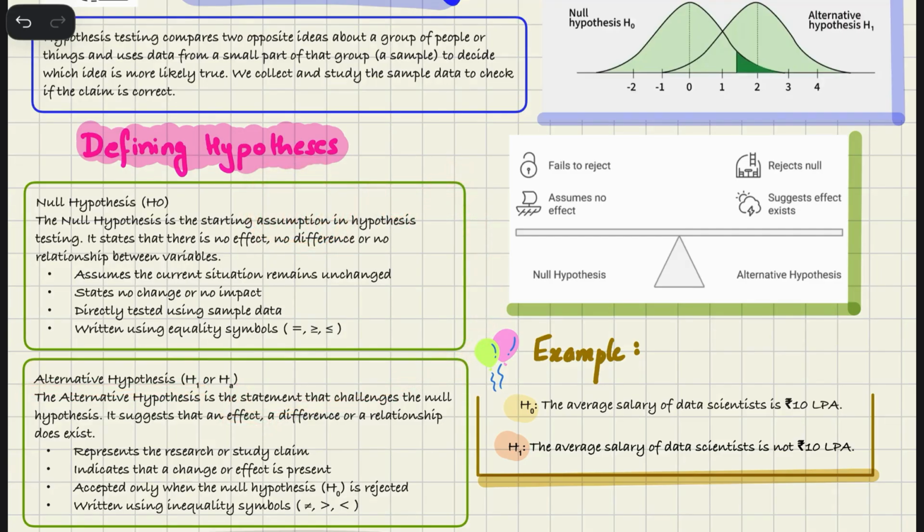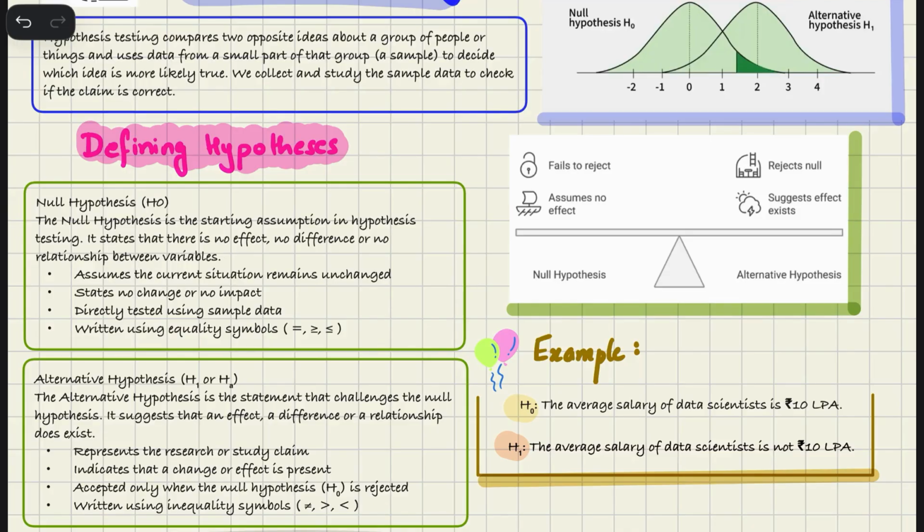So we have two opposing statements. One is the null hypothesis, which claims that there is no effect, no difference, no change. And the alternative hypothesis, which is mostly denoted by H1, is the challenger. It's the statement you are actually trying to find evidence to support.